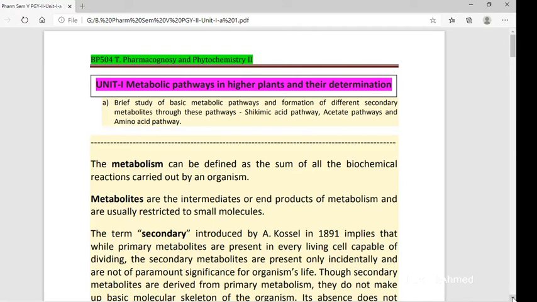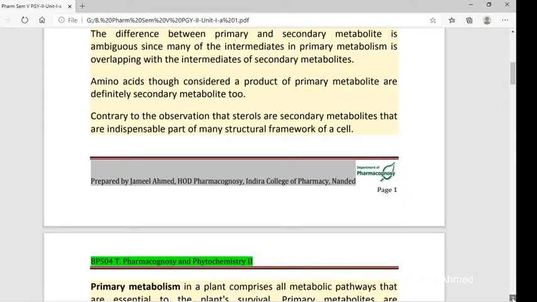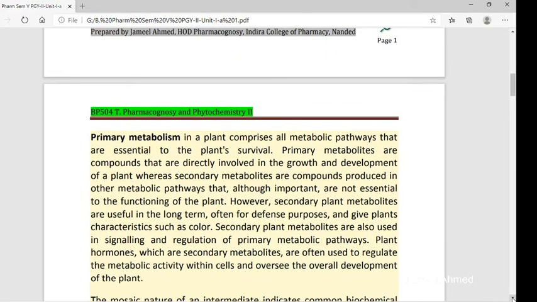Now come to the primary metabolites. You have to know about the primary metabolite. Primary metabolite is directly involved in normal growth, development and reproduction.